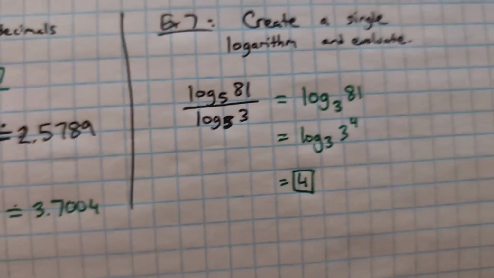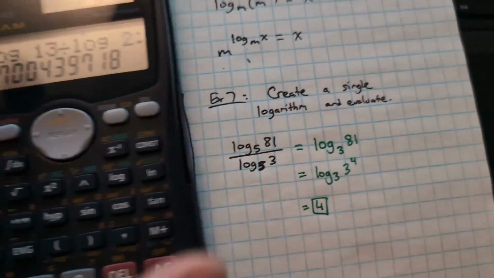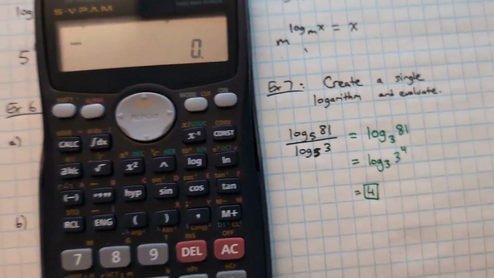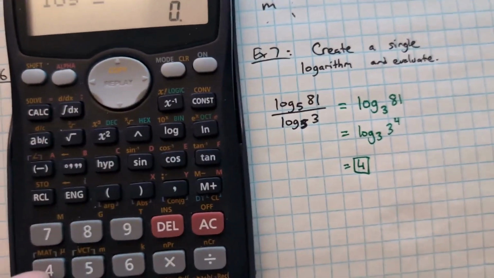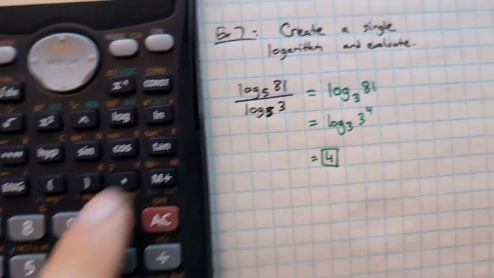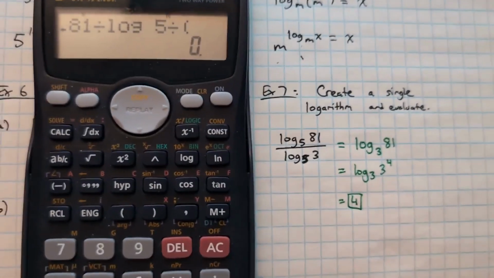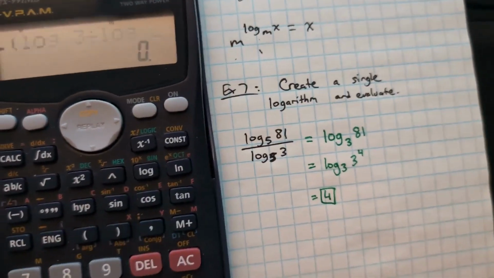That's not obvious from looking at this, but we could double check. So log base 5 of 81 would be log 81 divided by log 5. And we're dividing by, so I'll put that in brackets, log base 5 of 3. So log 3 divided by log 5.